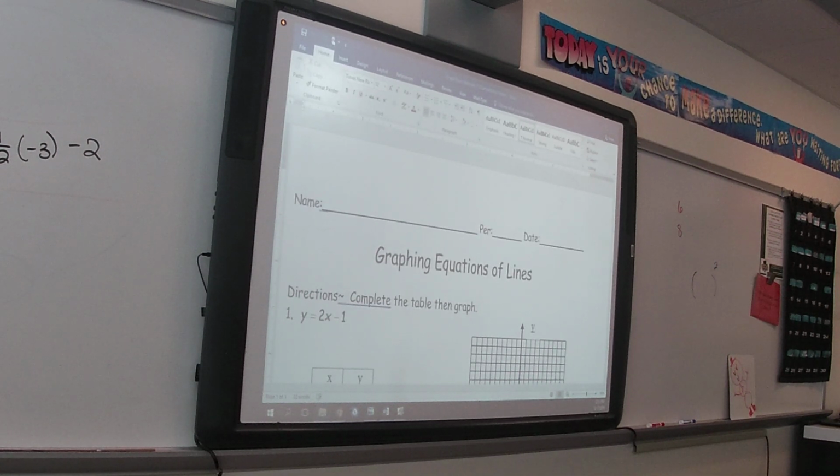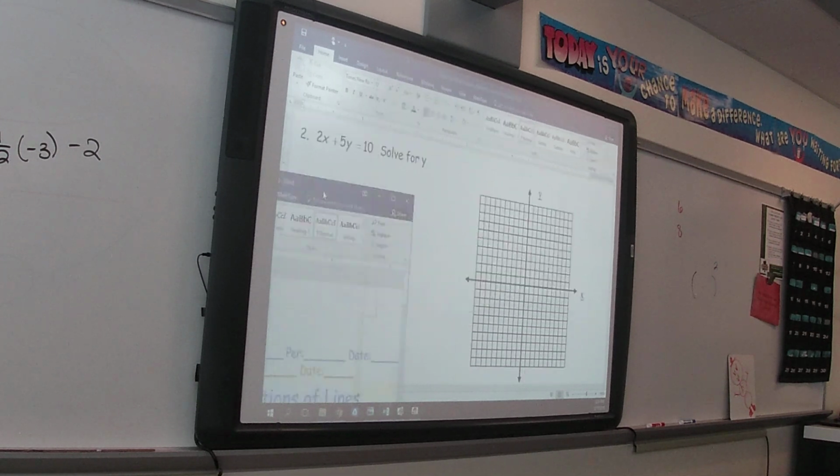Why did we change that for each class? Unit plans. Functions. Okay, let's try again. If this opens.